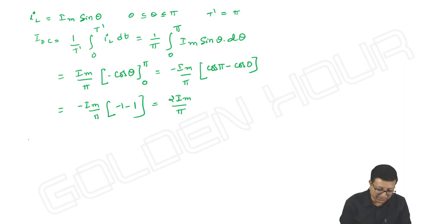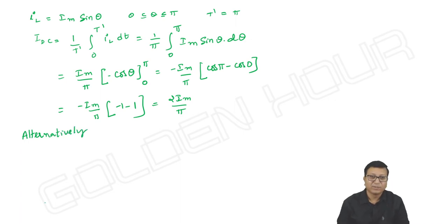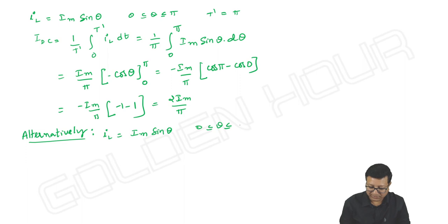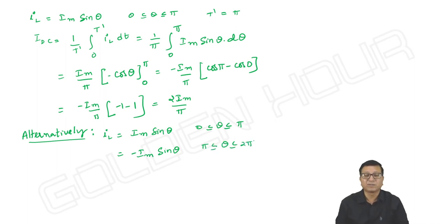Alternatively, what I am doing is writing IL is equal to Im sin theta over the interval 0 to pi, and it is equal to minus Im sin theta over the interval pi to 2 pi. We can write this.